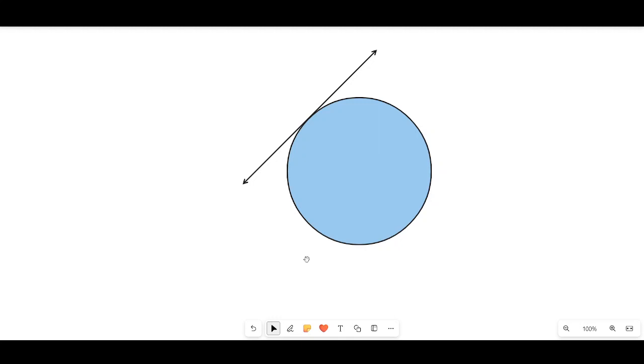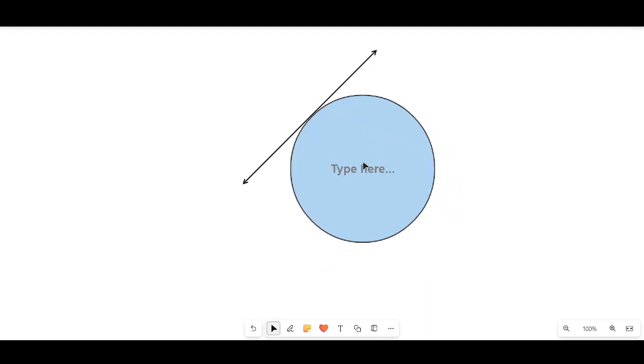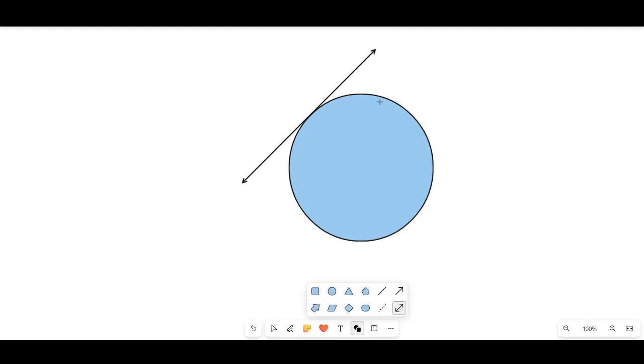A circle is a collection of infinite points, so we should not assume from one side that there will be only one point. So by the definition of a circle, which is a collection of infinite points, we can say that we can create more tangents as well.